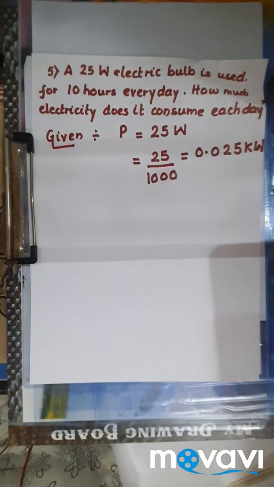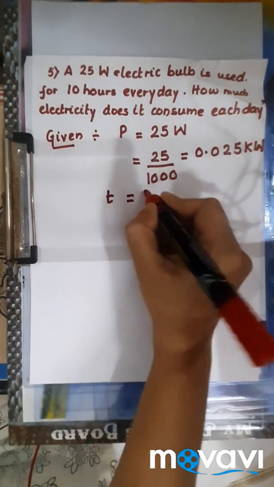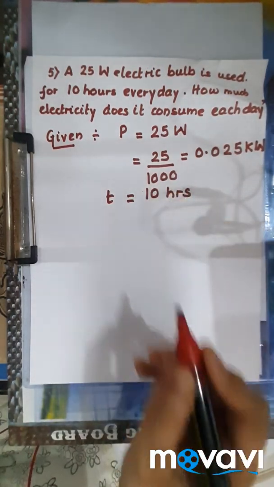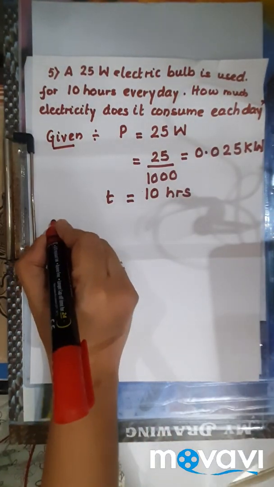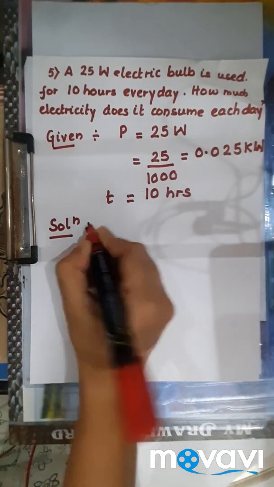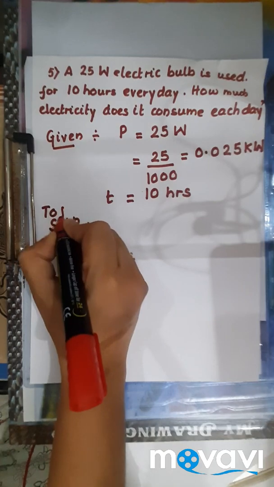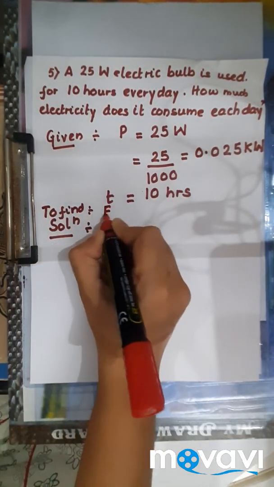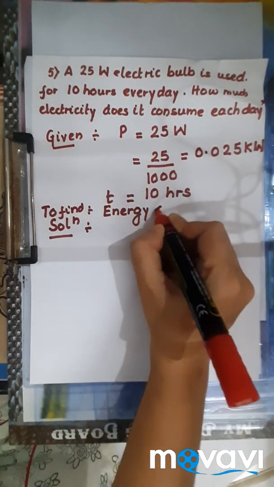And 10 hours every day. So here we don't need to convert it to seconds. We'll keep it as 10 hours. For how much electricity does it consume? So energy consumption, right? So solution, first we need to find energy consumed.